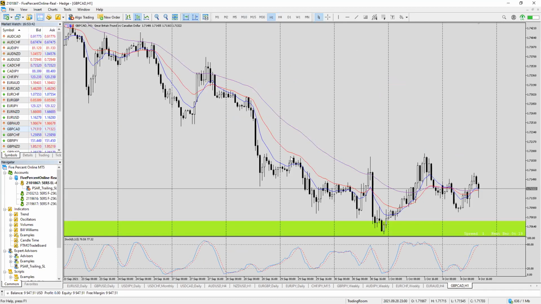Is it maybe forming a small inverse head and shoulders pattern? Could be sort of like a shoulder, head, and maybe another shoulder.